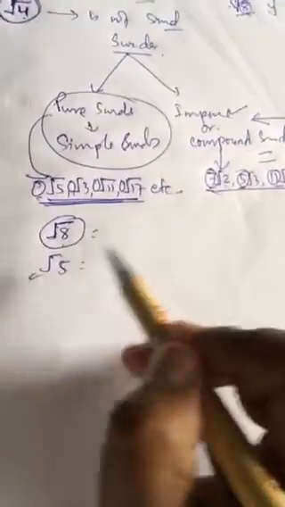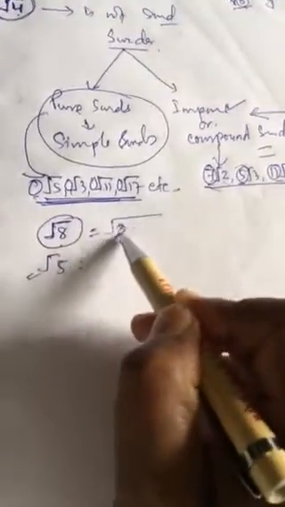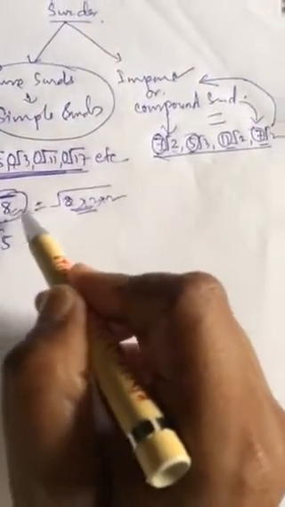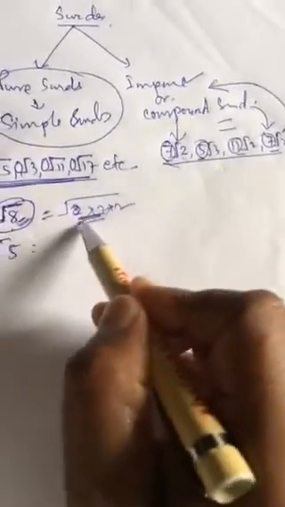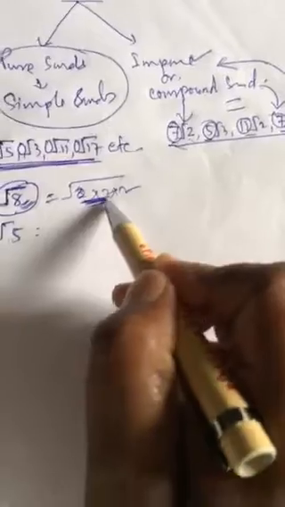How can we understand? If you factorize the number and while factorizing you get a pair of factors, that means it can be converted into impure form.